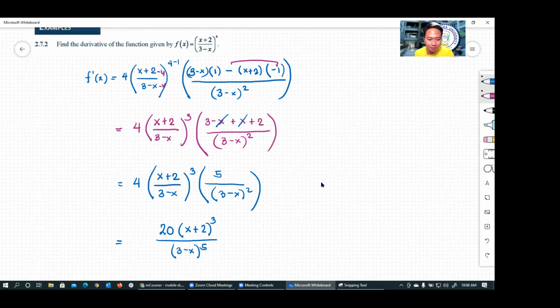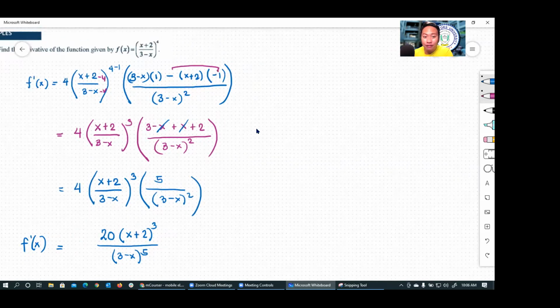Question: why is the denominator squared? Very good. For this part here, okay, thank you.